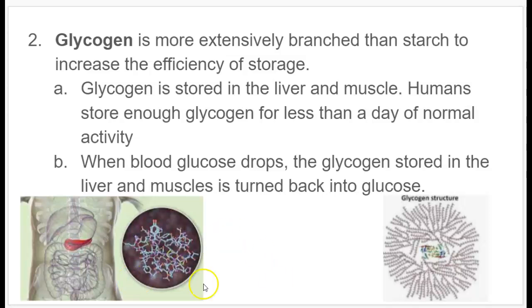In animals, including humans, glycogen is stored in the liver and in muscle cells. We store enough glycogen for less than a day of normal activity, so that's why we have to eat to also provide energy. And when blood glucose drops, the glycogen stored in the liver and muscles gets converted back into glucose to help keep things going.